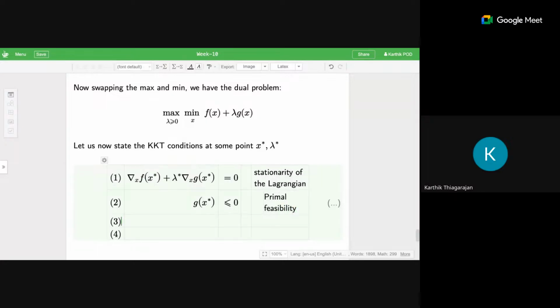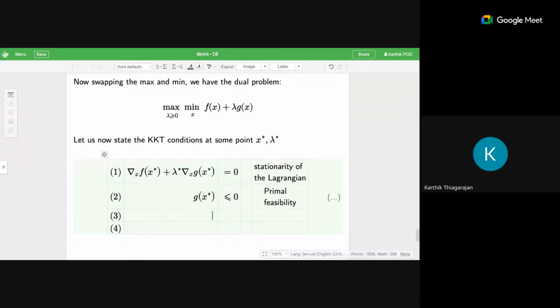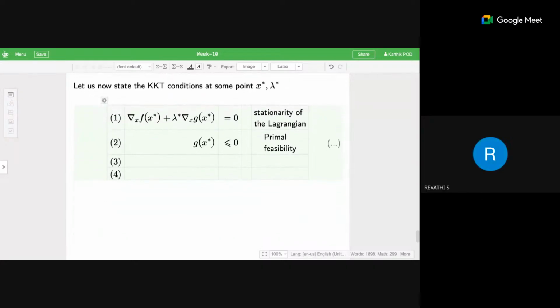Corresponding to this, you have something for the dual, right? What is that? Lambda star is greater than or equal to 0, and this goes by the name of dual feasibility. And finally, complementary slackness.